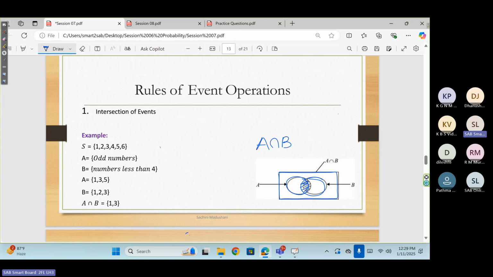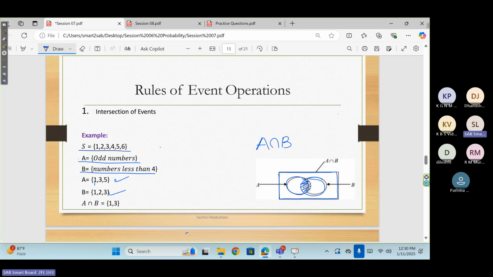Common. Is it clear? Then we take the example. The sample space is the numbers 1 to 6. A is odd numbers, the first event. The second event B is numbers less than 4. The first event is odd numbers: 1, 3, 5. B, numbers less than 4, means 1, 2, 3.